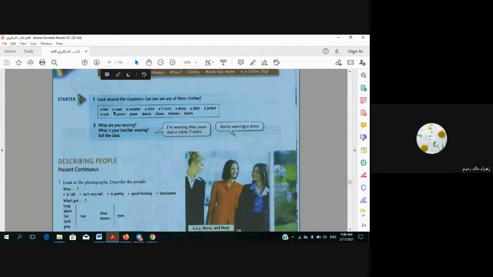What's the meaning of a suit? A suit. ربطة عنق. No, it's بدلة. يعني بدلة رسمية. Trousers. بنطلون. Jeans, shorts, shoes. حذاء. Yes. And the others are easy.